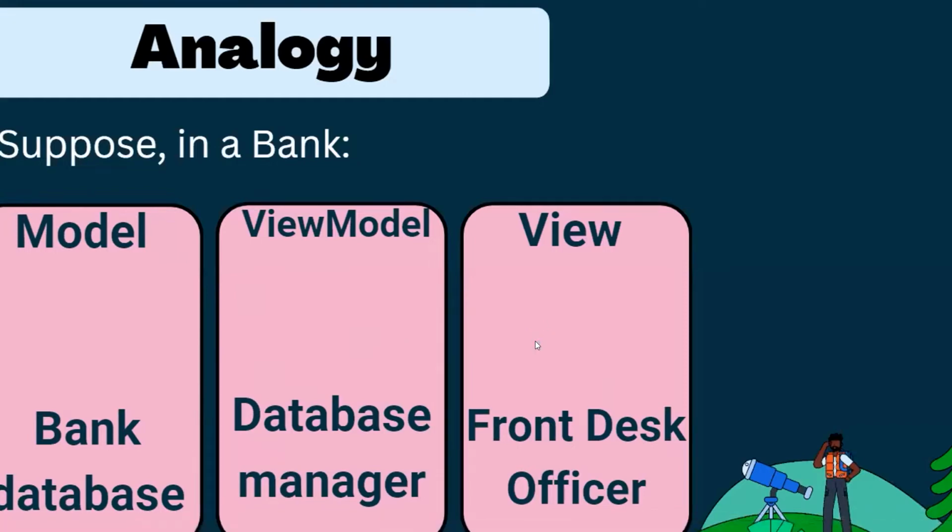Suppose the customer is inquiring about his bank details. The front desk officer will ask the database manager for the information. The database manager will then fetch the data from the database and pass it on to the view. So this gives you a great analogy of how this works. Did you guys get it?